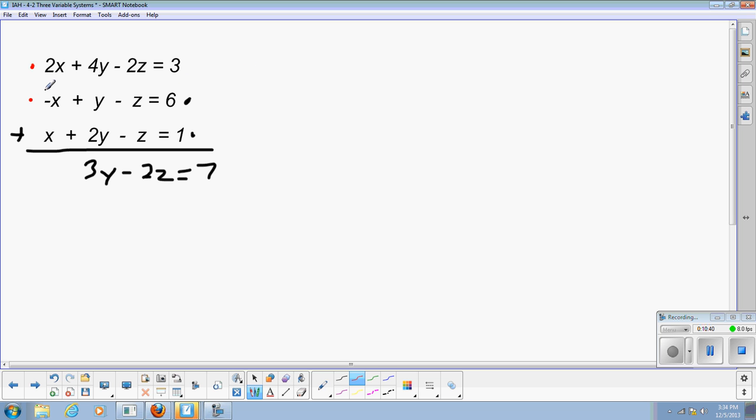I'm going to take this second equation and multiply it by 2, and it will change to a negative 2x plus 2y minus 2z equals 6. Copy the other one.